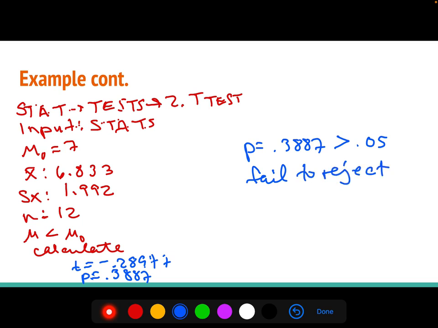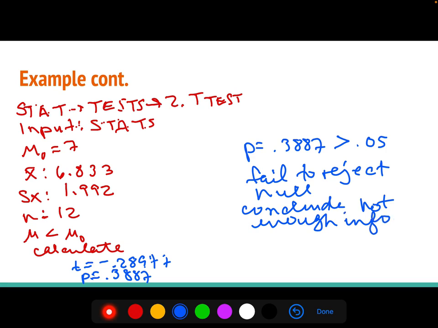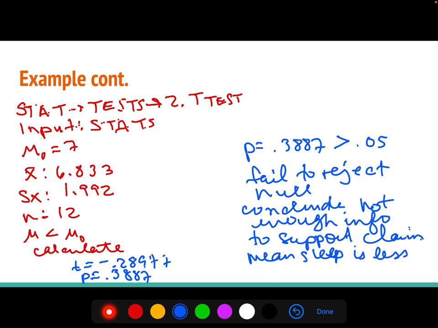And it is, so we fail to reject the null. And we conclude there is not enough information to support the claim. And the claim was that mean sleep is less than 7 hours.